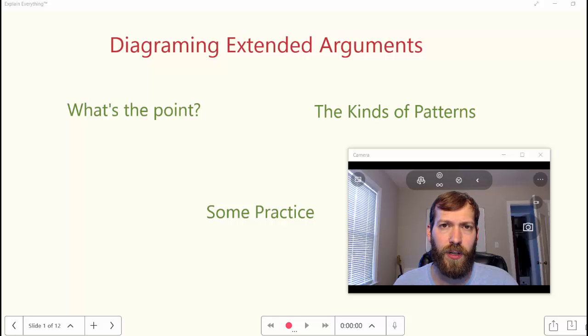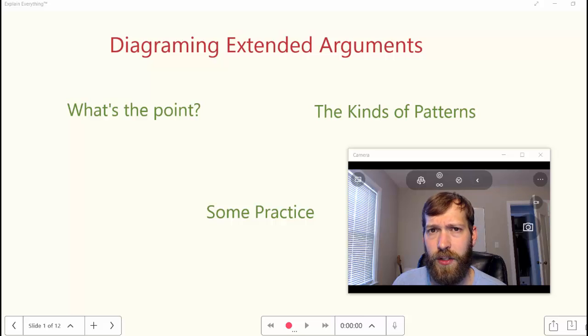In this video, we're going to learn how to diagram extended arguments. And really what that means is mapping out the structure of the arguments. There are a few things we'll want to know on the topic of diagramming extended arguments. First, you should know the point, why it is that we want to engage in this practice.